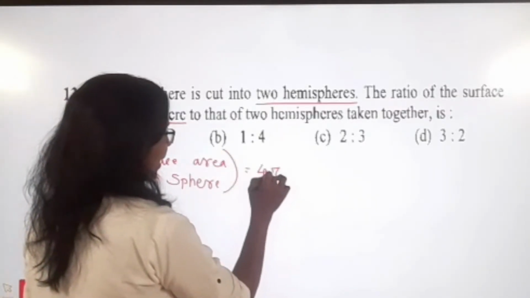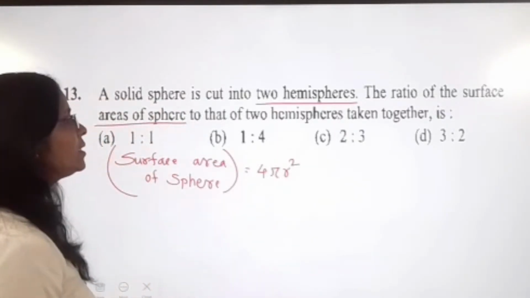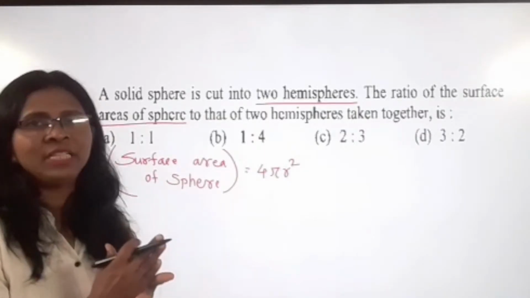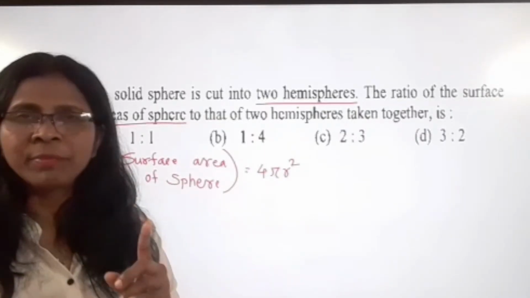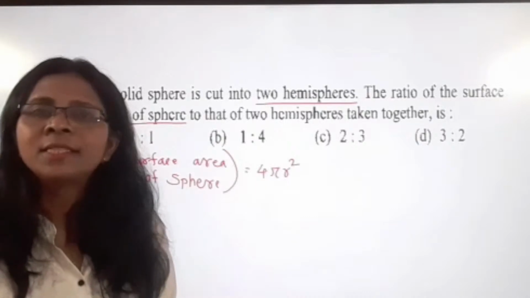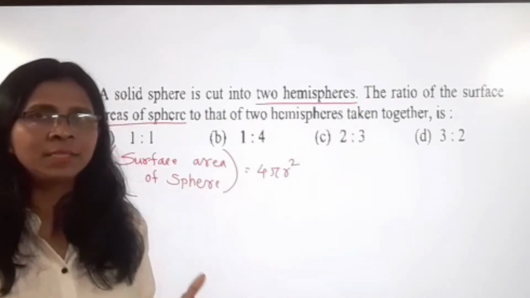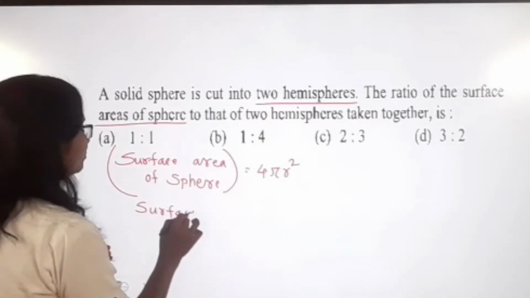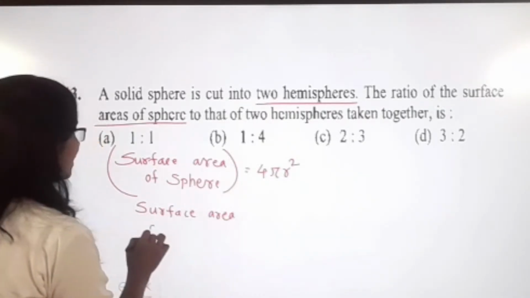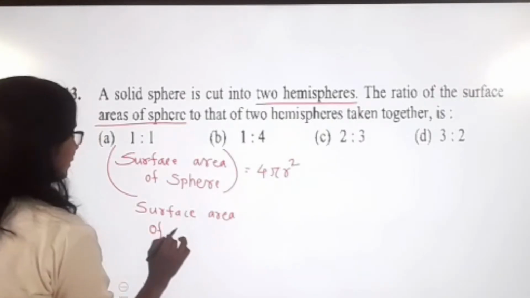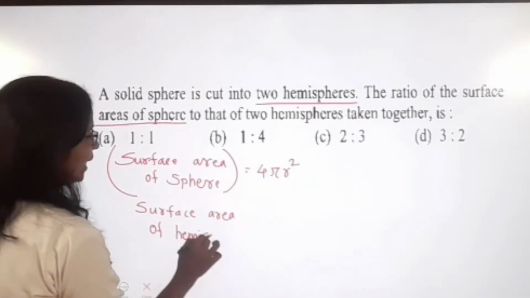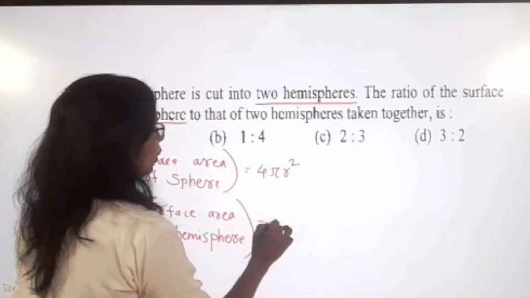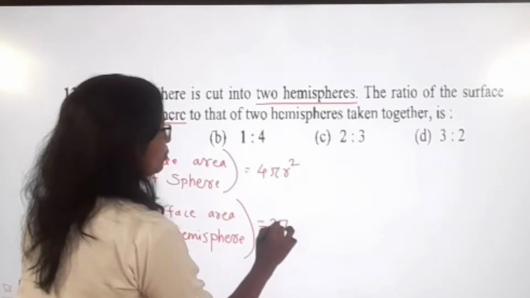A solid sphere is cut into two hemispheres, so there is one sphere and we cut it to get two hemispheres. The surface area of a hemisphere is 4 pi r square upon 2, that means 2 pi r square.